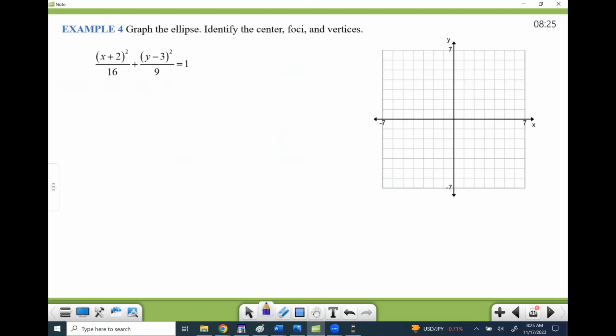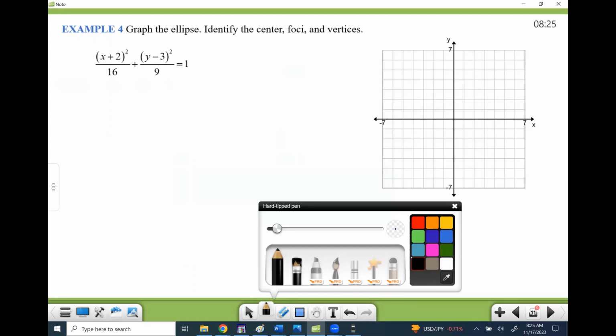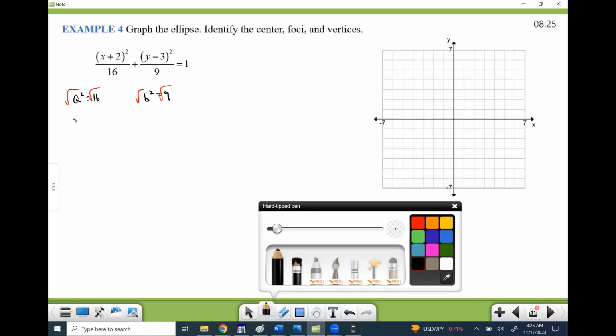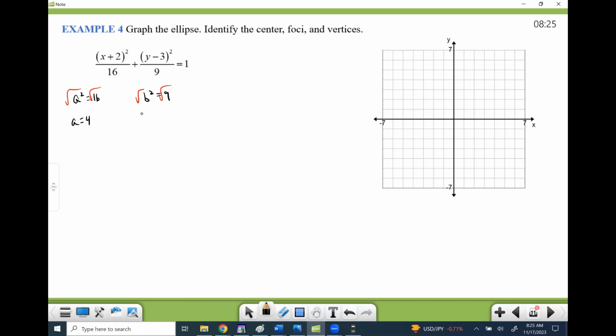Okay. All right, so we have to graph this. So a squared is going to be the bigger number. So a squared is going to be 16, which means that b squared is going to be 9. So if we square root, we get that a equals 4 and b equals 3.